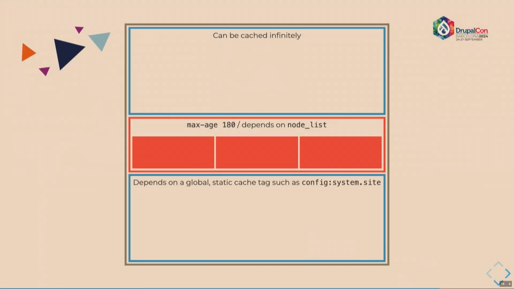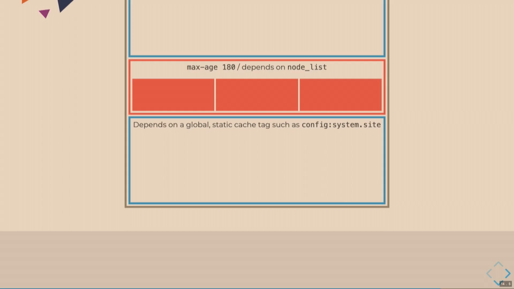So we have a lot of content which is highly static, and then some highly dynamic content, and then some content which, again, maybe depends on something like config system wide. If we put the cache tags at the controller level, the dynamic parts are kind of killing the other ones.